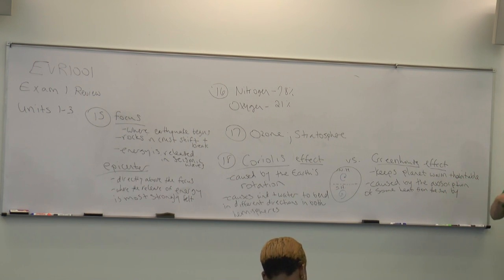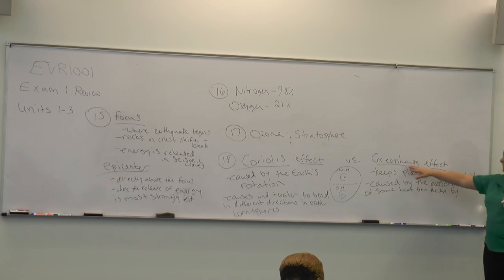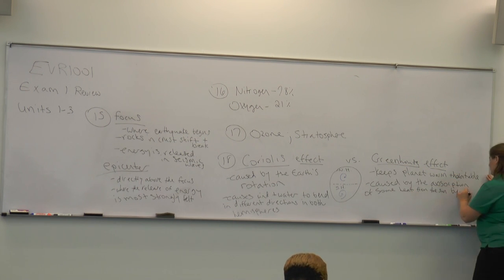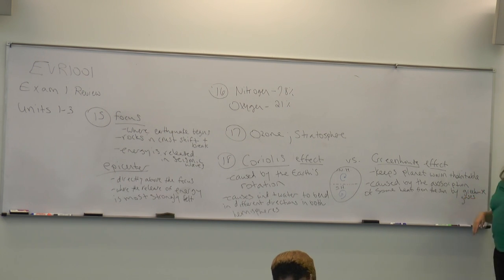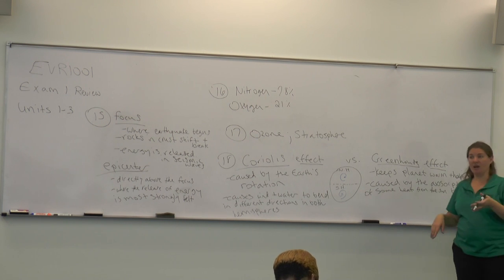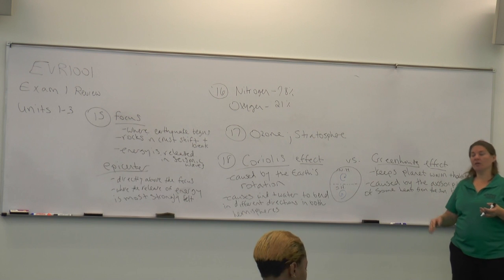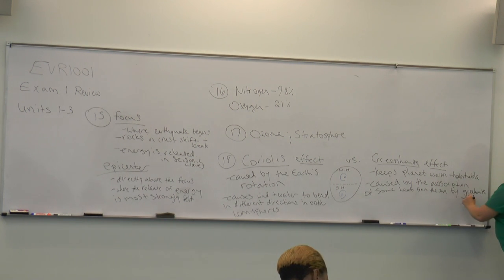What's the general catch-all term for these gases that absorb and trap heat? Greenhouse gases. Some examples of greenhouse gases are methane, carbon dioxide, and water vapor. Those are all important greenhouse gases.